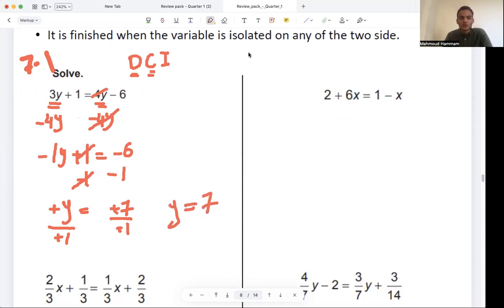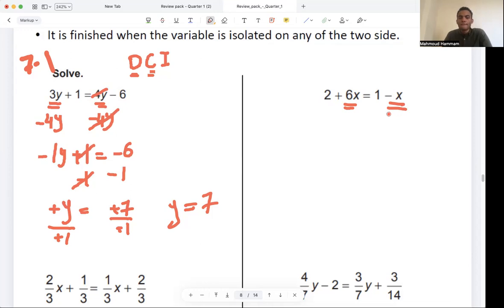Right, very good. Next, what do you have here? 2 plus 6x equals 1 minus x. Let's start with Adham. What are the like terms? 6x and negative x. Excellent. What is the next step, Adham? How do I combine the like terms? I'll have to put them in one side. Very good.